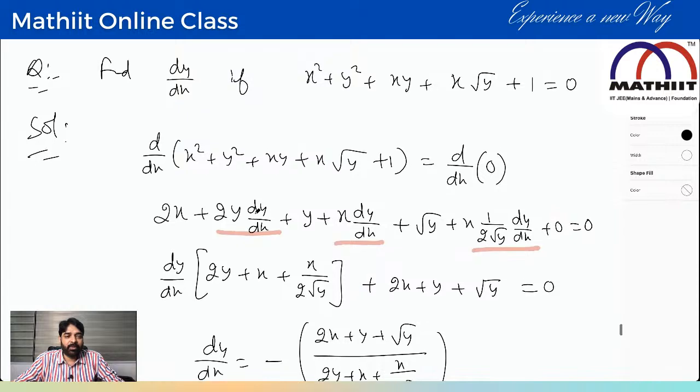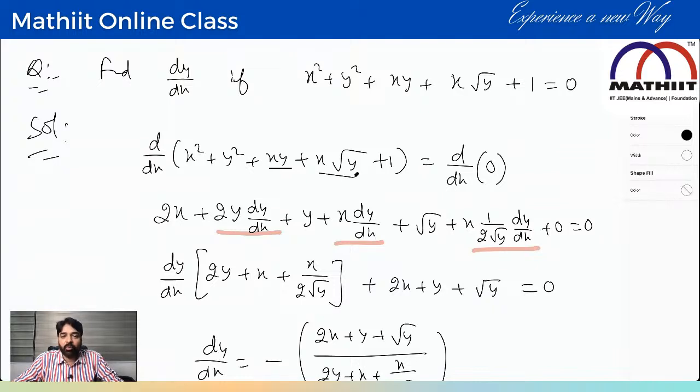We always use d by dx of x square, that is 2x, 2x into the differentiation of x. That I am not writing from the start, I am telling. Plus y square differentiation, 2y into differentiation of y, dy by dx. Plus a product rule I apply: differentiation of x, 1 into y, plus x into differentiation of y, dy by dx.